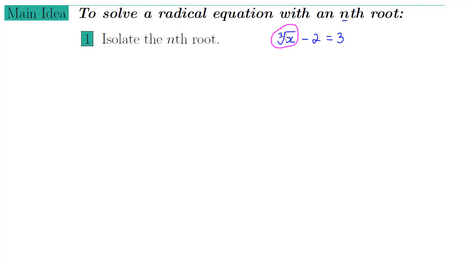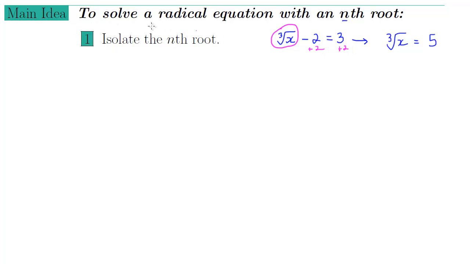You have to make sure that the cube root is the only thing on this side of the equation. So you would add this 2 over before you did anything else. That's isolating the nth root. Right? You would change this equation into the cube root of x equals 5, right? By adding 2 to both sides to isolate the cube root.